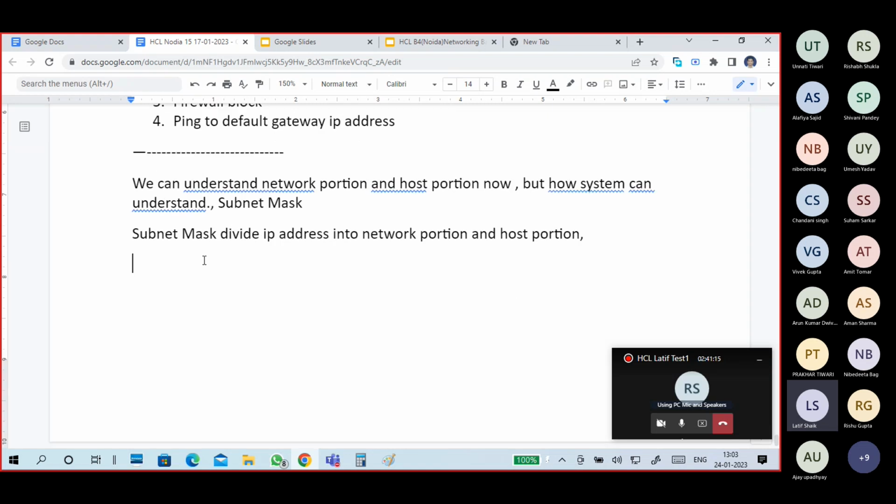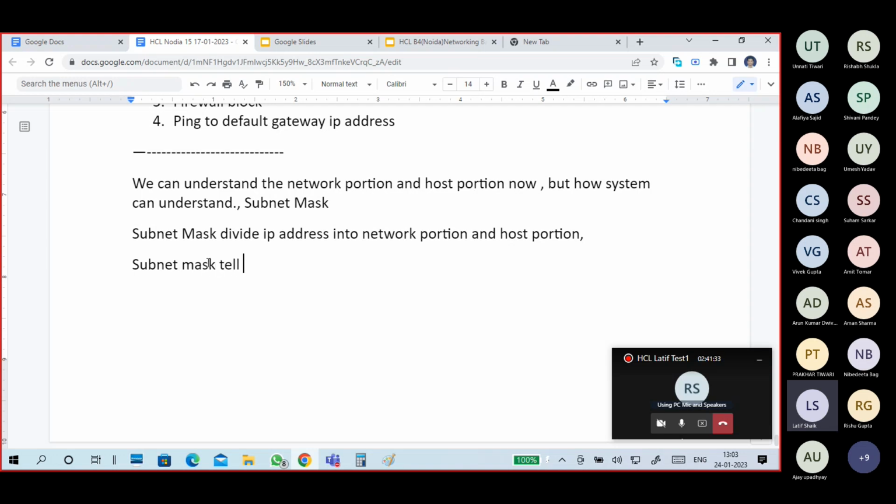It will divide the network portion, understand. The system will get an understanding. What is the subnet mask going to do? What is the use of a subnet mask?